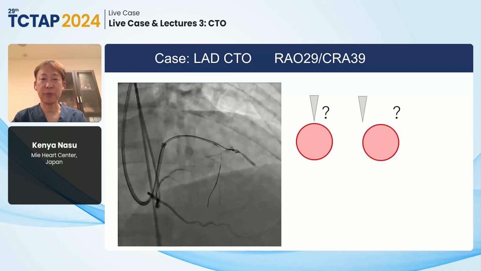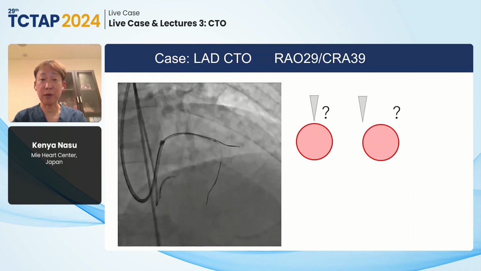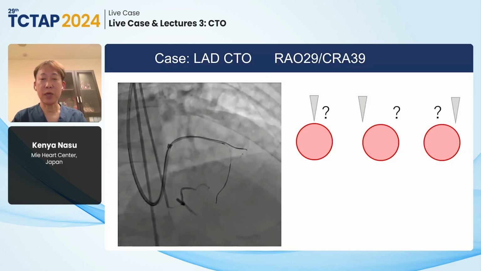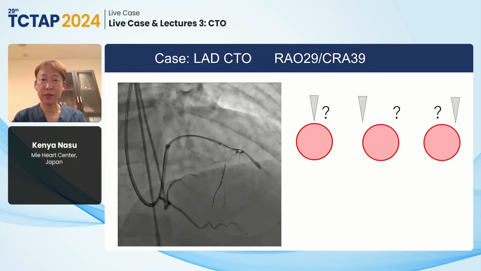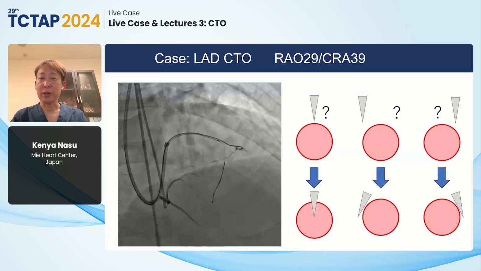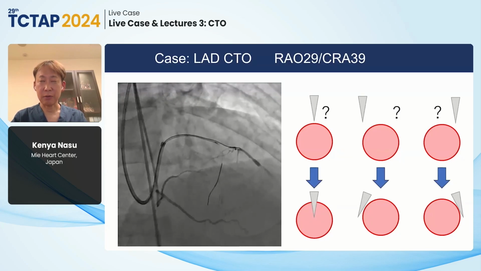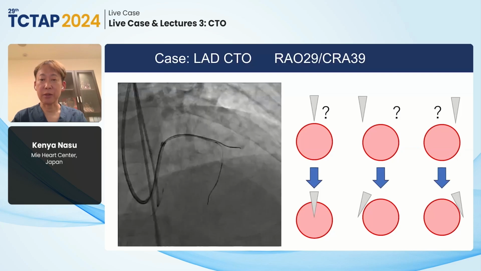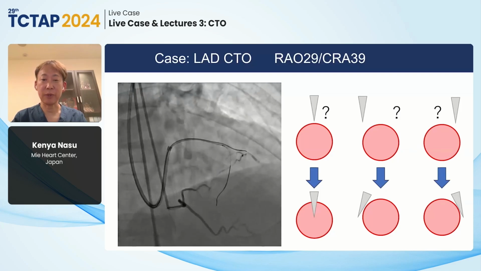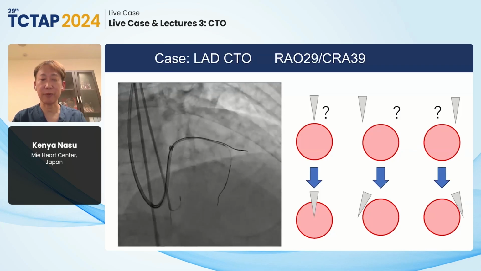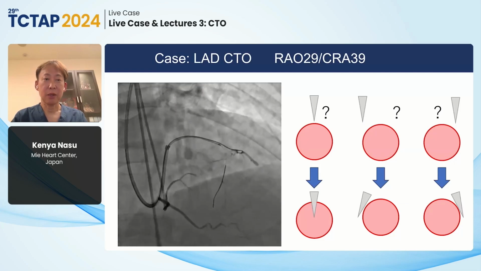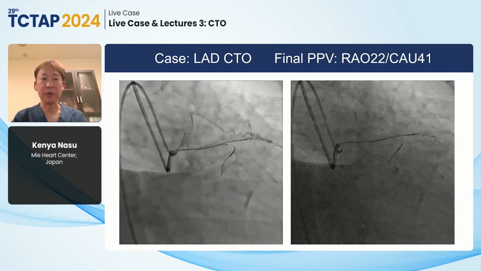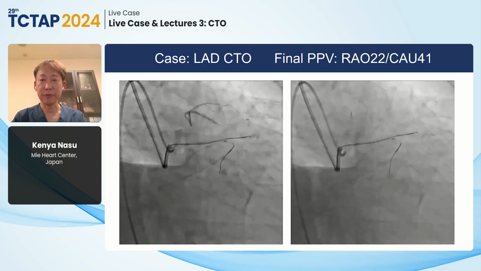Sometimes the wire tip is on the distal landing zone, but sometimes it's not. When we advance the wire not on the distal landing zone, you can understand that the wire tip easily advances to the subintimal space. So we should check the penetration plane view, the other perpendicular view.